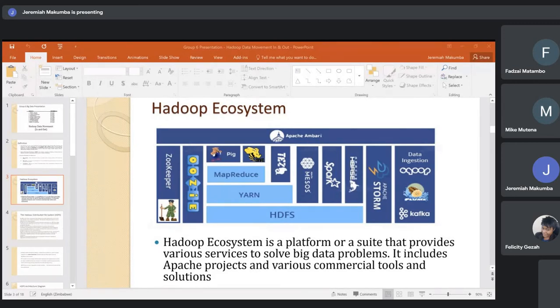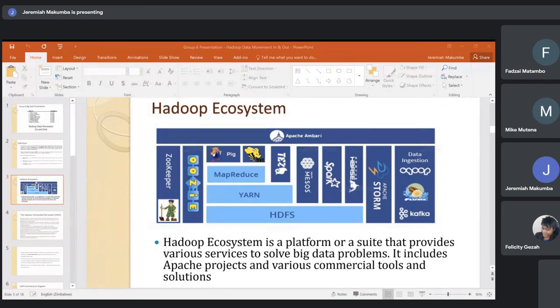They work together with HDFS so that it gets that data and helps in storing it within our Hadoop file system. The same goes for all other components. Each has a different function.